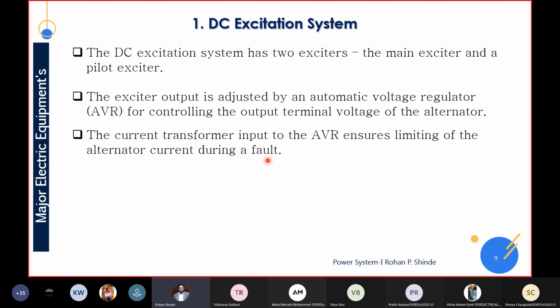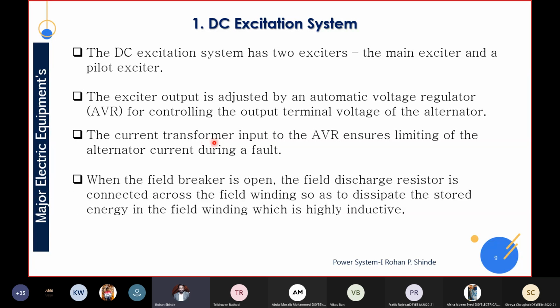Whenever there is a fault, the current transformer input to the AVR ensures the limiting of the current, that is the fault current. That means this current transformer limits the fault current which is input to the AVR.